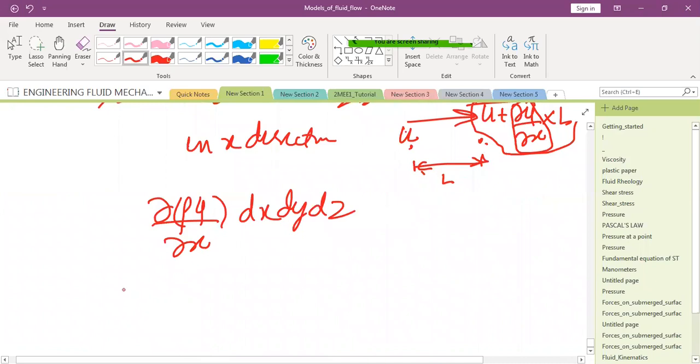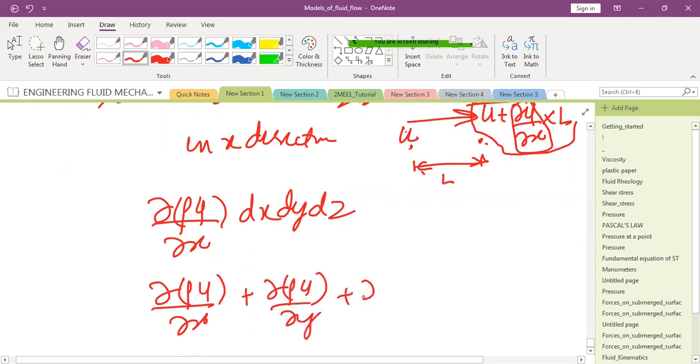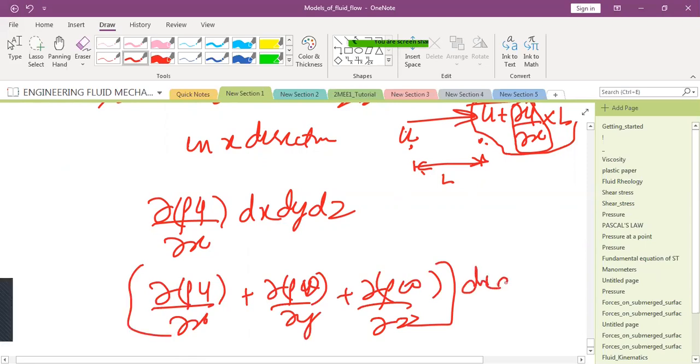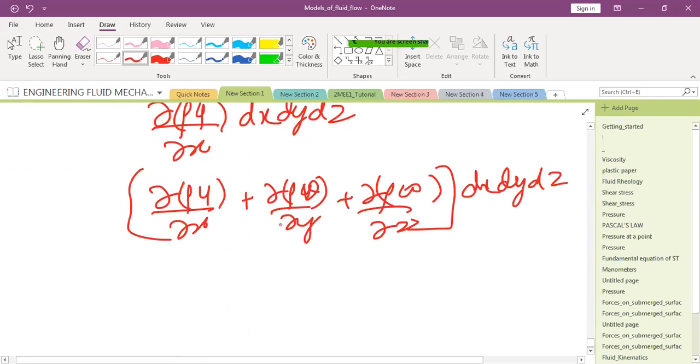So total efflux from the differentially small control volume becomes curly rho u by curly x plus curly rho v by curly y plus curly rho w by curly z into dx dy dz.